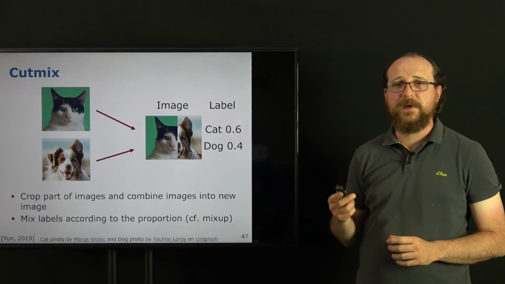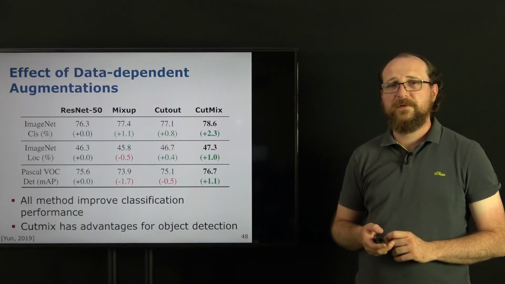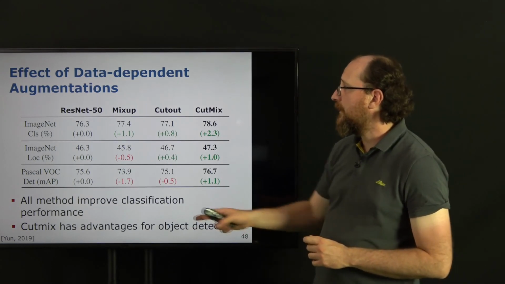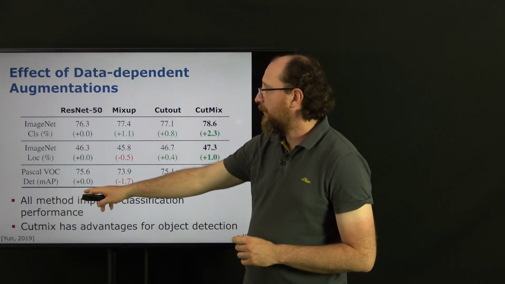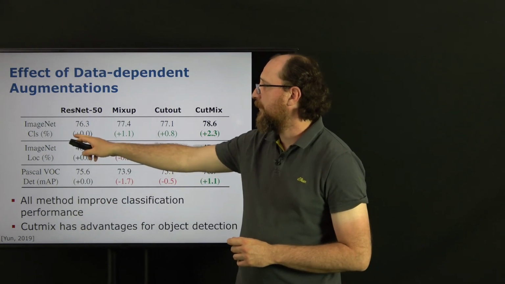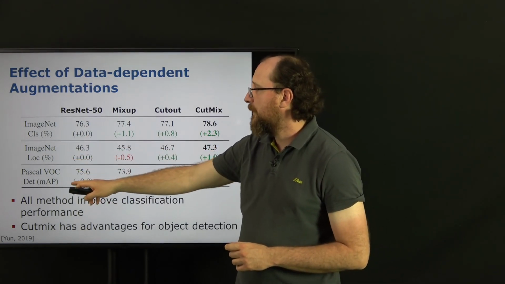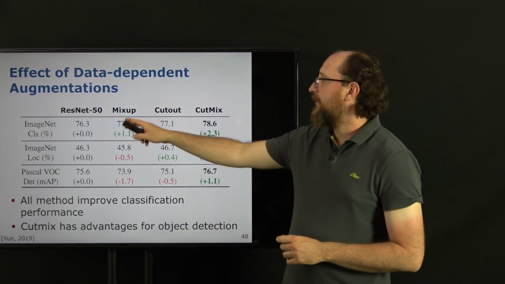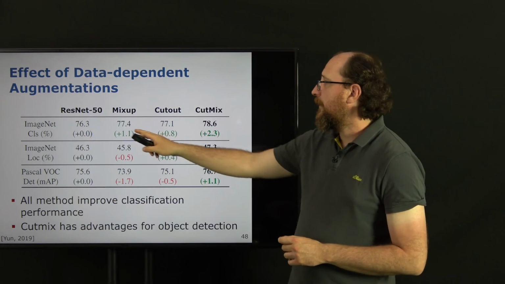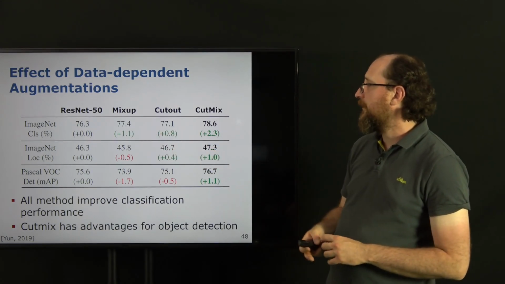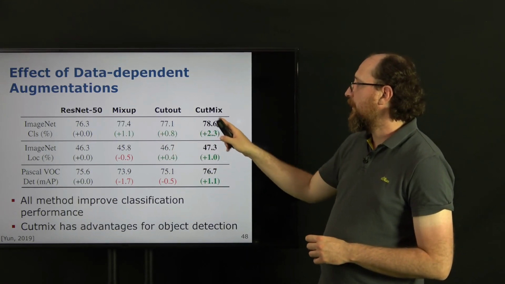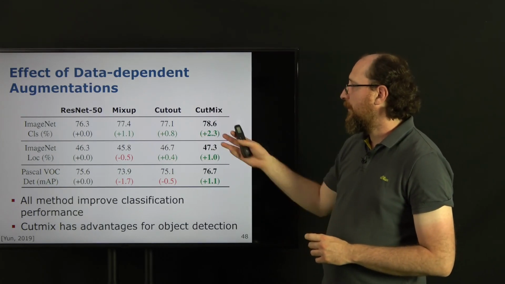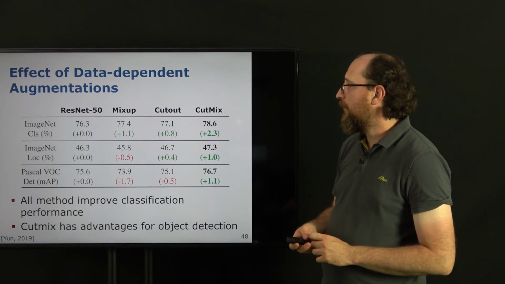When we now look at these different data augmentation strategies, or data-dependent augmentation strategies, we can see the usual ResNet architectures for different tasks like classification, localization, and detection. By using mix-up and cutout, we get improved performance for the validation set. When we use cutmix, the performance is improved even more.